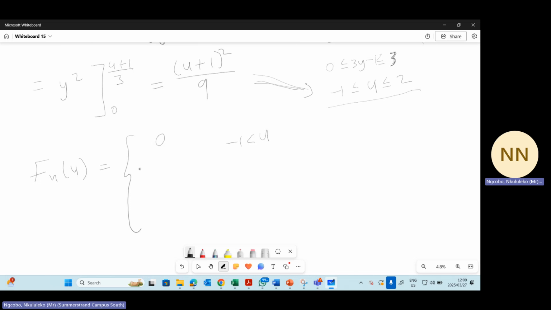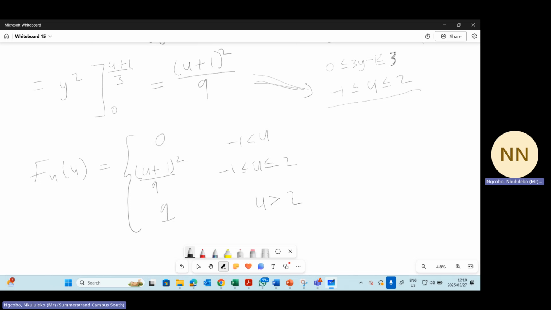Then for u greater than or equal to -1 but less than 2, you have (u plus 1) all squared divided by 9, and 1 if your u is greater than 2, right?